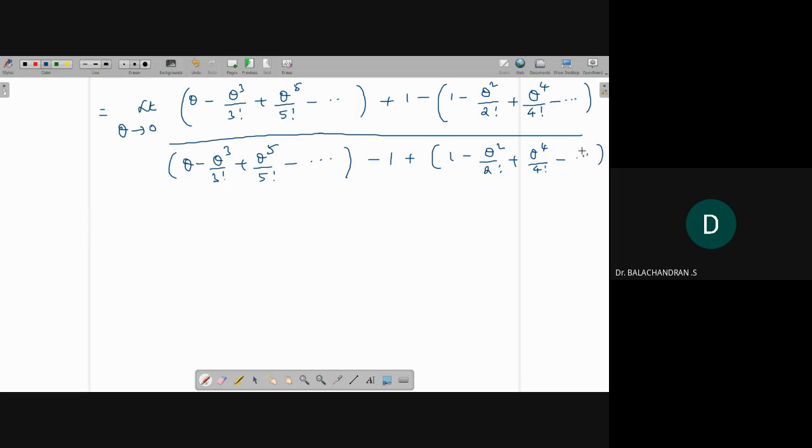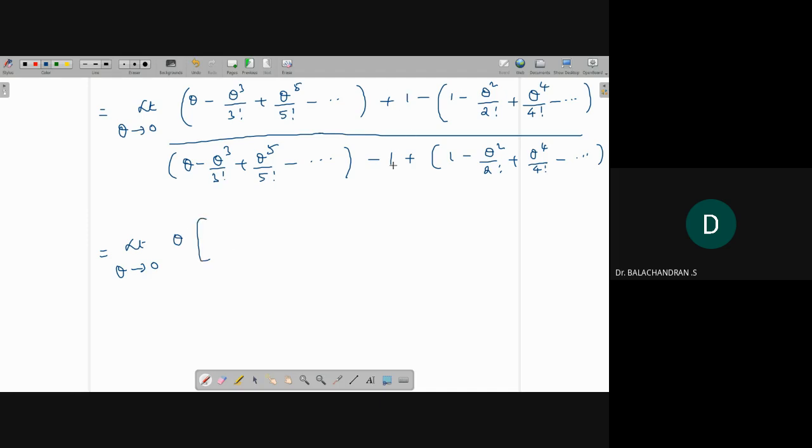So now here you can cancel plus 1 and minus 1, and here also minus 1 plus 1. In the numerator I take theta commonly.